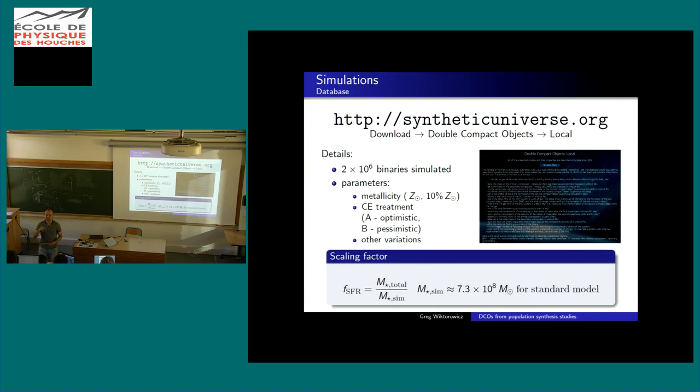So first let's look at the standard model. I hope that it's also written on the page that these data files are named in this way, that we have a first letter which describes how we treat common envelope for Hertzsprung gap stars.